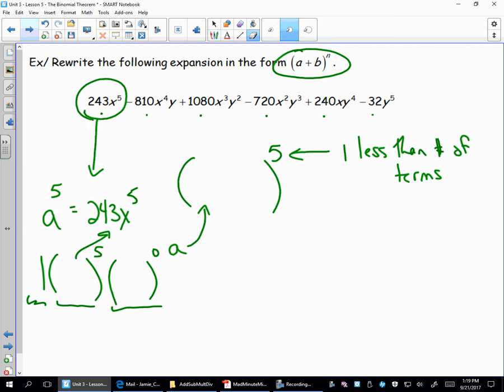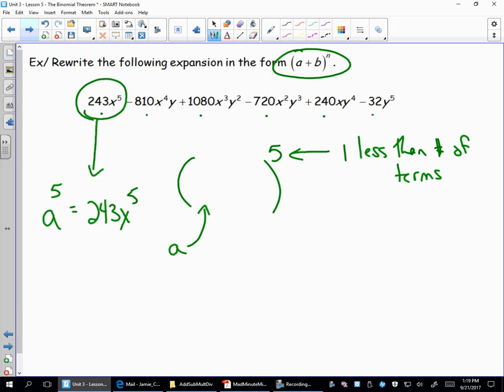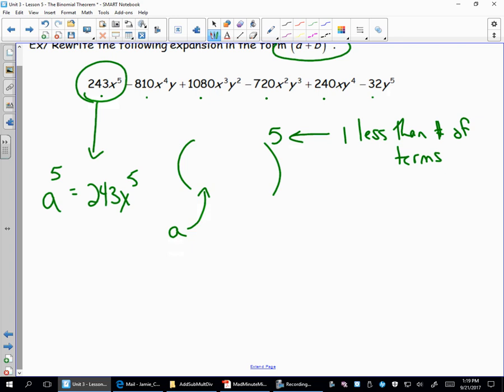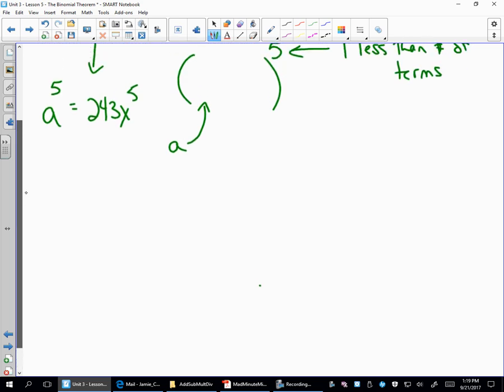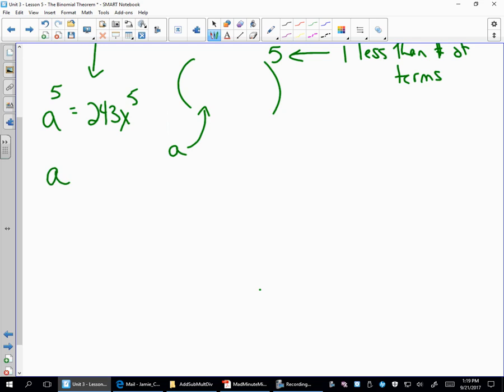So let's think about that. How can I figure out what comes out to 243x to the 5? Well, the nice thing is we have a calculator button that helps us figure this out. On your calculator, if I want to figure out what the value is for a, I can take the 5th root of 243.